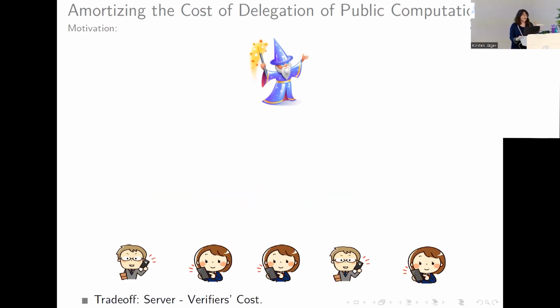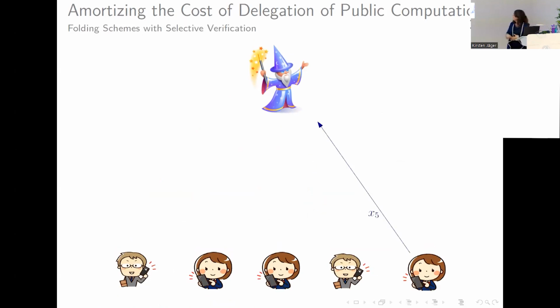Because it's getting a lot of statements from different people. In this case, he has to create 5 different proofs. And we want to have some amortization, okay? Of course, if you're in a setting where you want to delegate computation, you want to make sure it's as cheap as possible, okay?